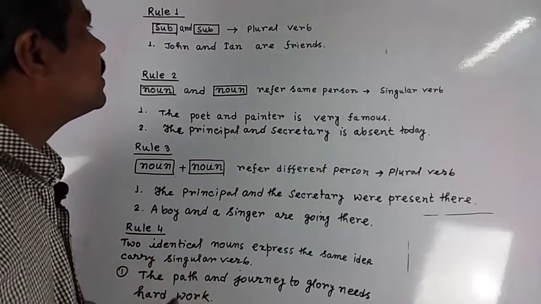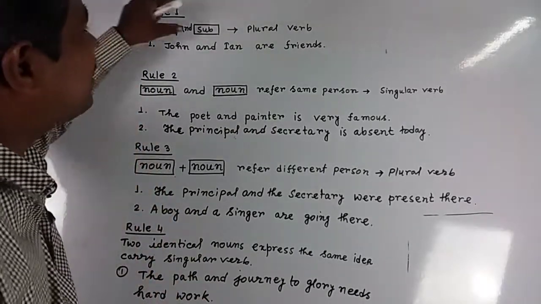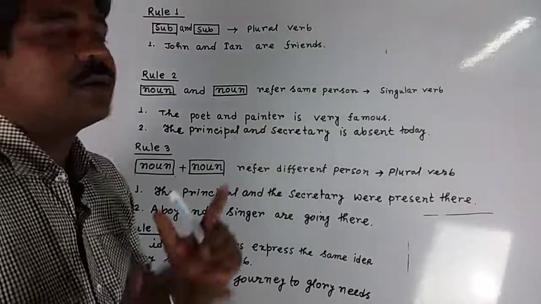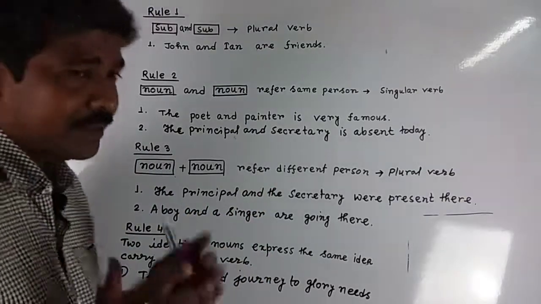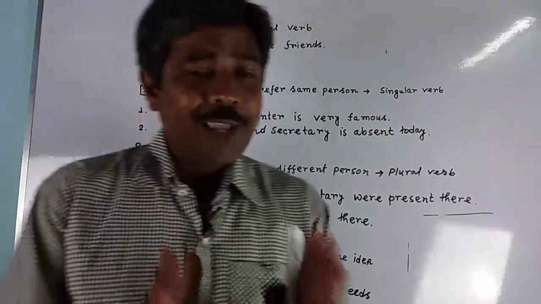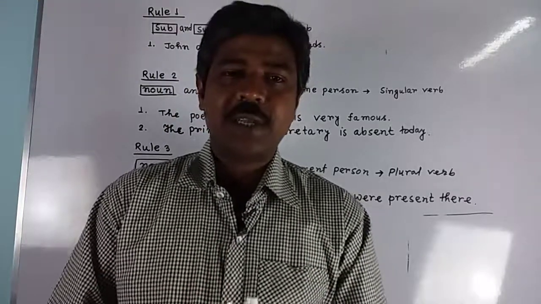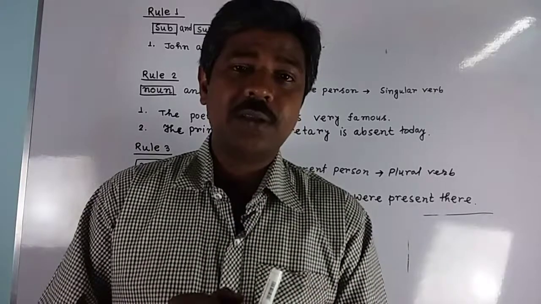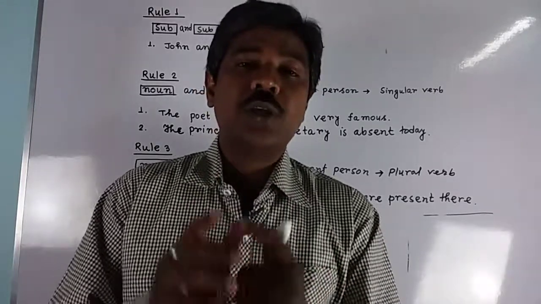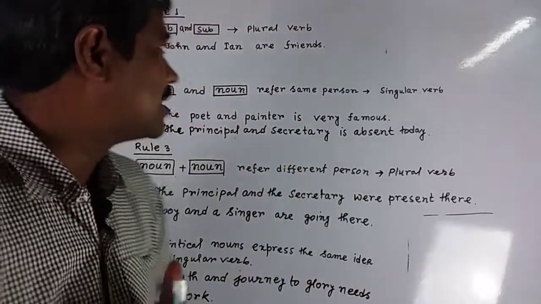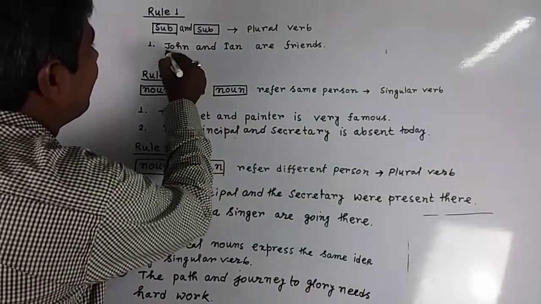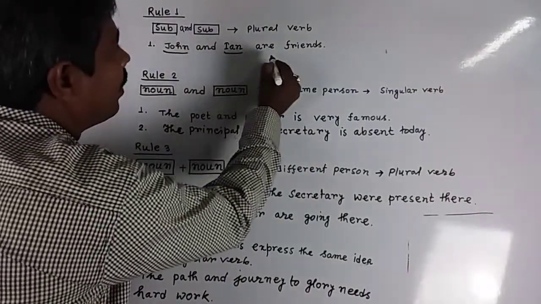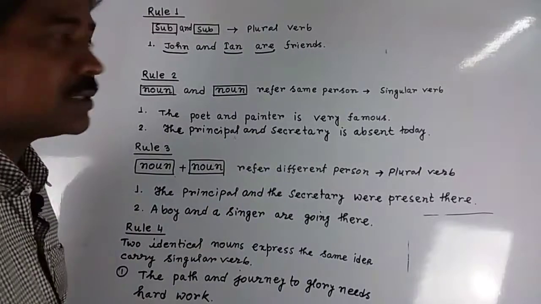So friends, look at the first rule. The first one is subject and subject, then plural verb. It means if there are two subjects and these two subjects are joined by and, we have to use the plural verb. Just look at the example. John and Ian, we have written are friends.